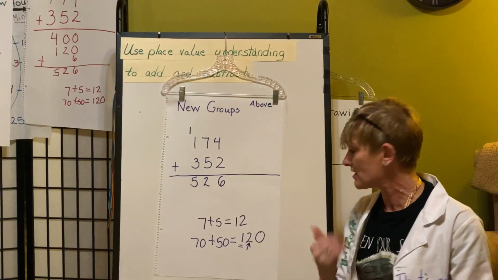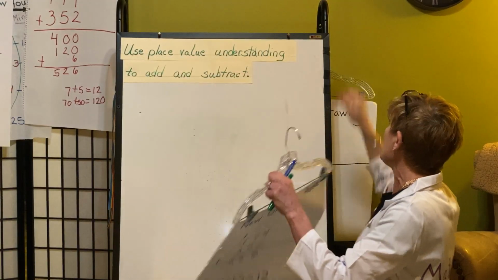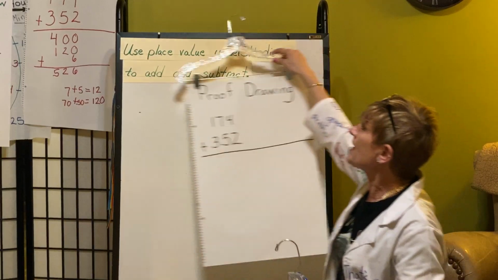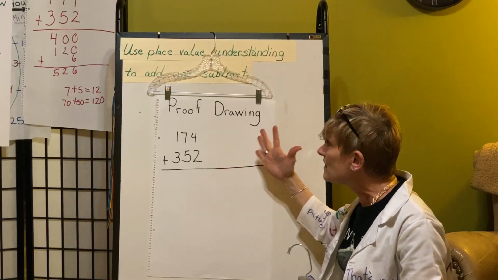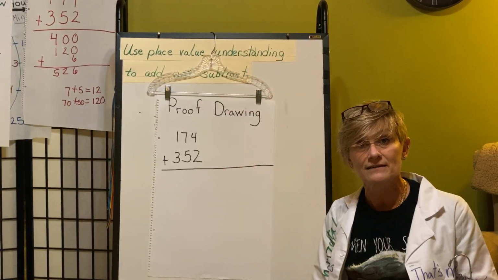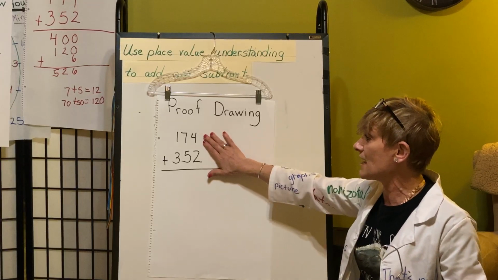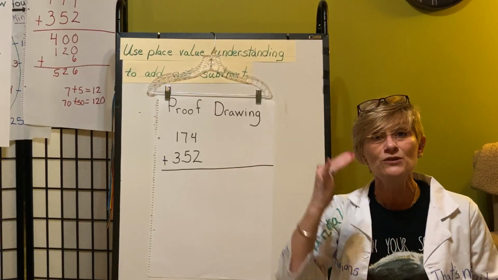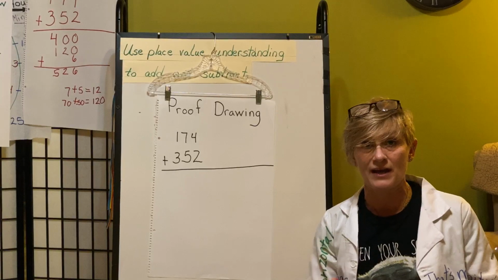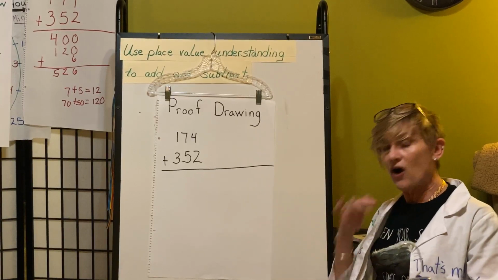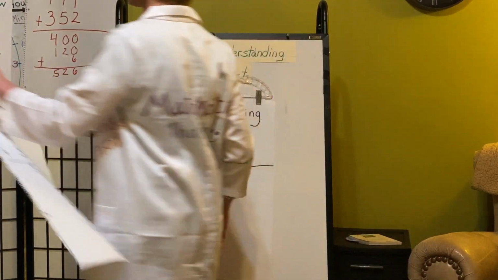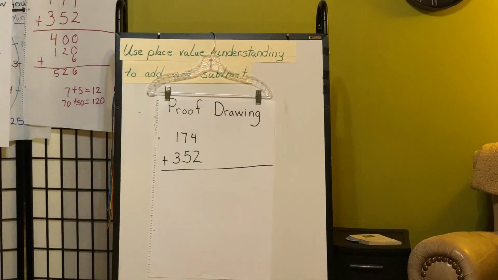So friends, our last one, and this is the same problem. Can you do this one at home as well? Let's do it with a proof drawing. So again, you're going to take this same problem, but this time I want you to do it as a proof drawing. And the reason why we're doing all these different methods is so that you have a method to choose from.